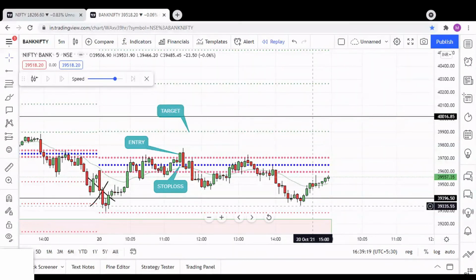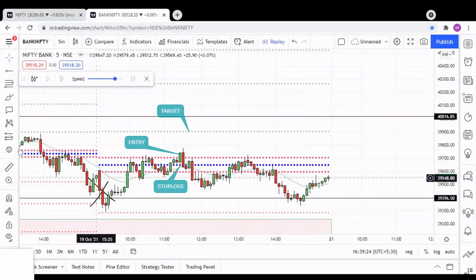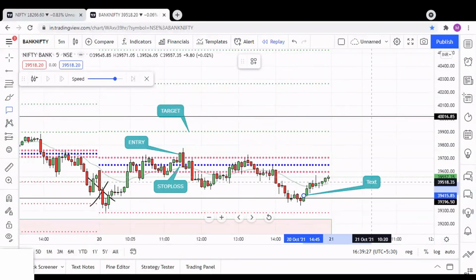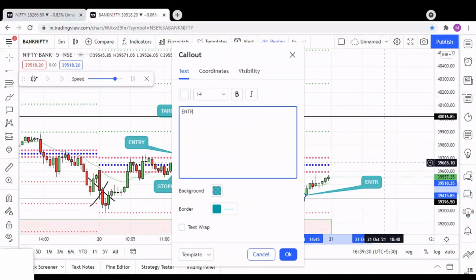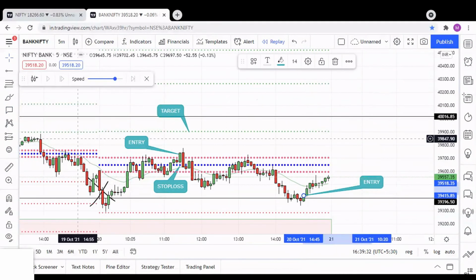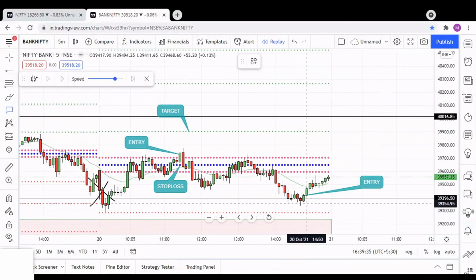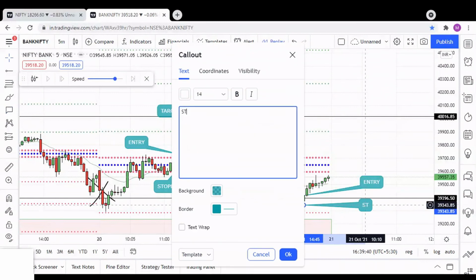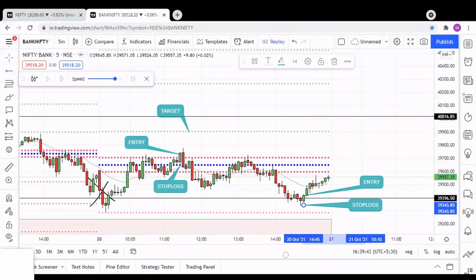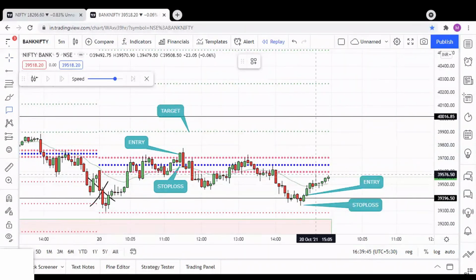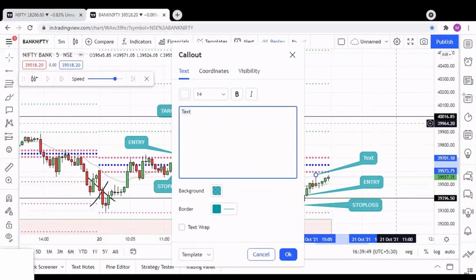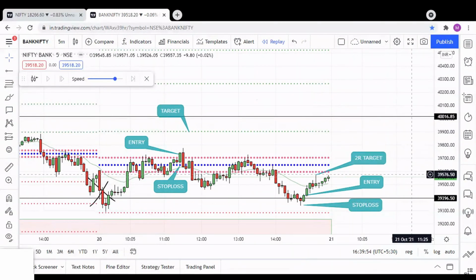So you can go for a long entry at this green candle by placing the stop loss below the green candle or below this red candle, and book your profit at 2R at this point. And this trade worked out and gave us a profit of 2R.